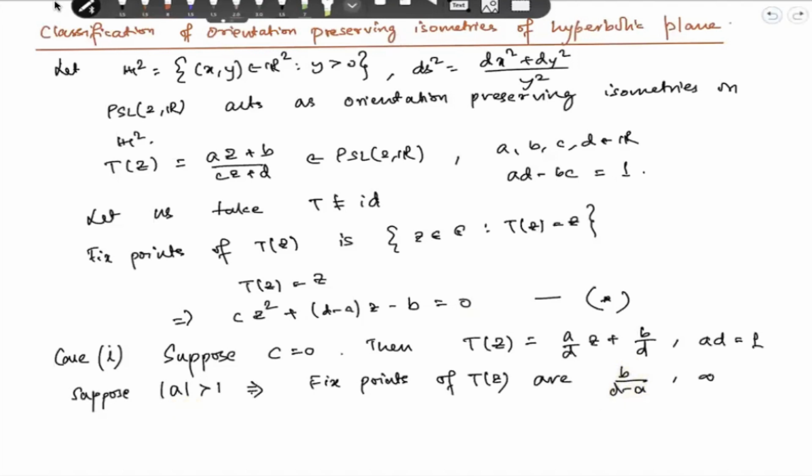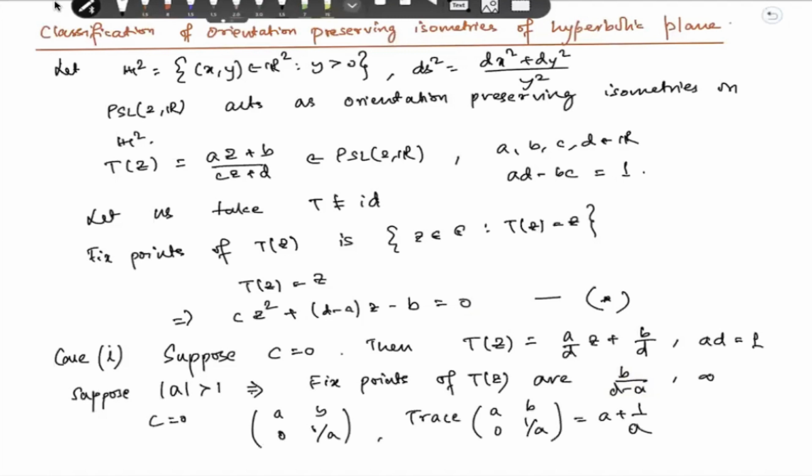Now also observe that we have put c equal to 0. So the matrix a, b, c, d is the matrix with a, b in the first row and 0, d in the second, and ad is equal to 1, so d is equal to 1 by a. Therefore the trace of this matrix is a plus 1 by a.